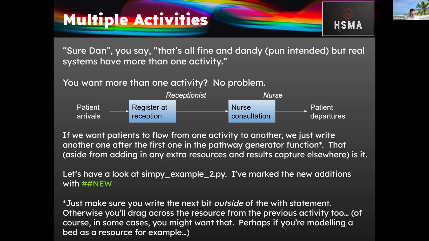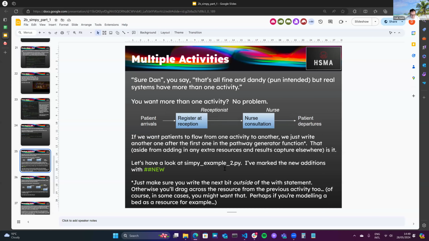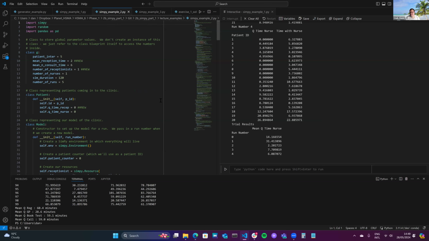Okay, and so if you look at SimPy example 2, now I've been quite friendly here, both to you and to myself. This is exactly the same as SimPy example 1, except with some new tweaks to it.